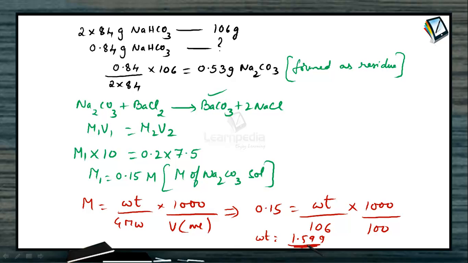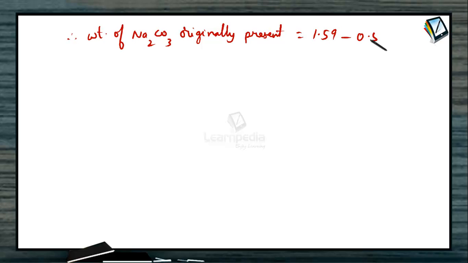So what is this? This is the mass of sodium carbonate present in the solution totally, which is because of the residue as well as the originally present. And out of this 1.59, we already know that the one which is formed as residue is 0.53. So therefore, the mass of sodium carbonate originally present is equal to 1.59 minus 0.53, which is equal to 1.06 grams.